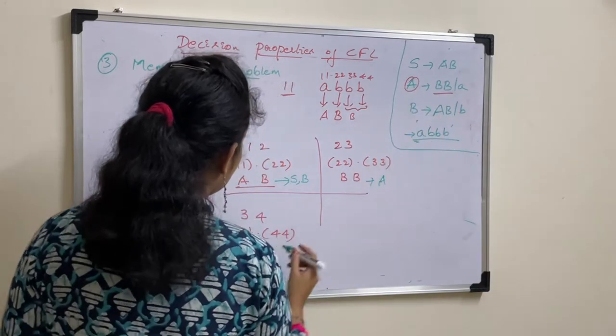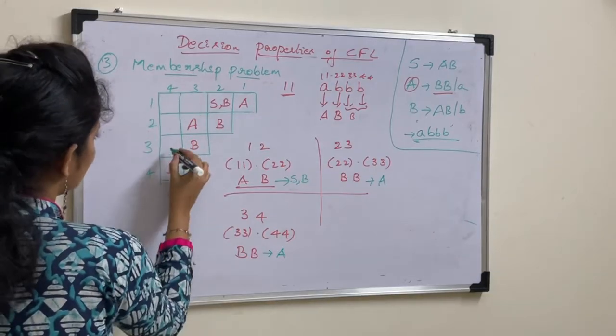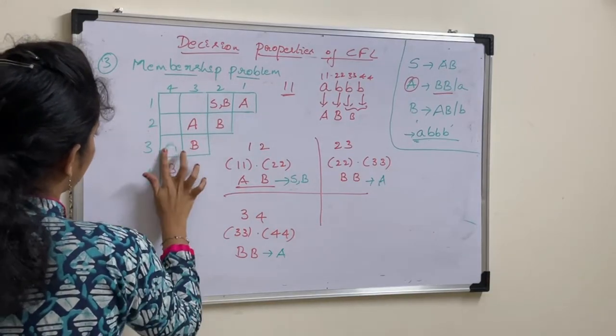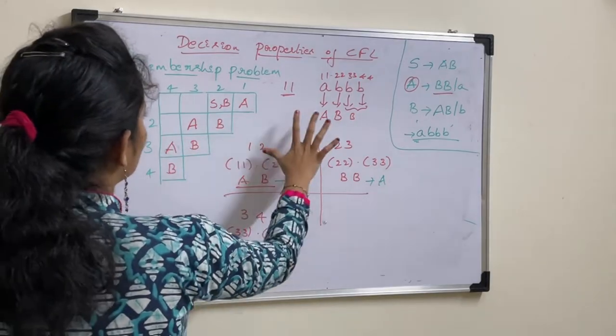A is deriving BB, so in place of 3 4 also place A. Now 2 length strings are over.